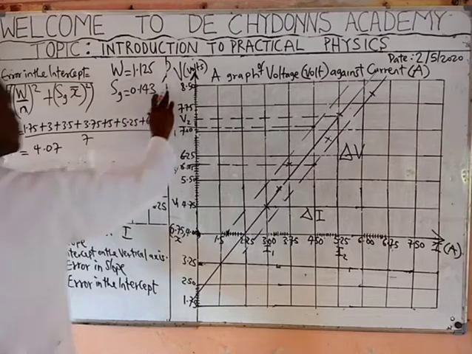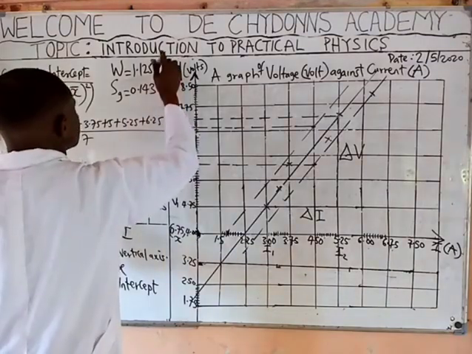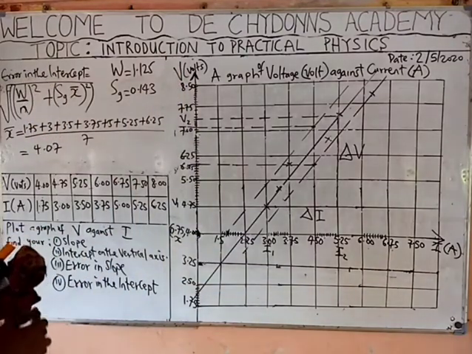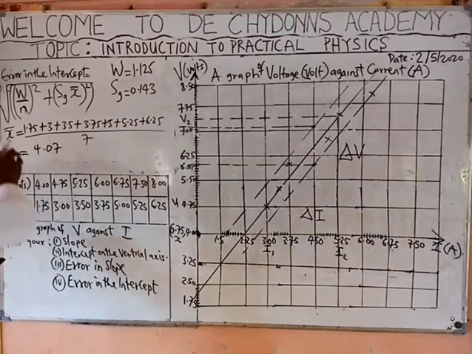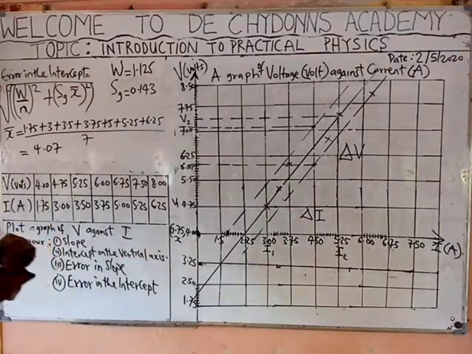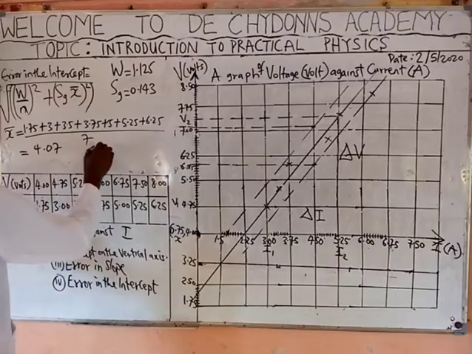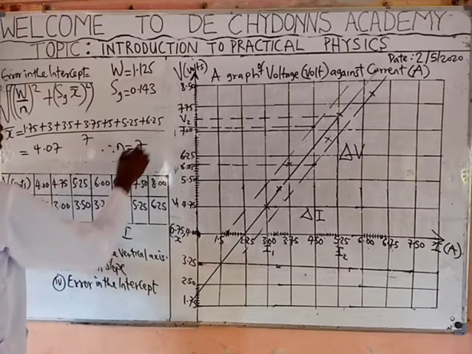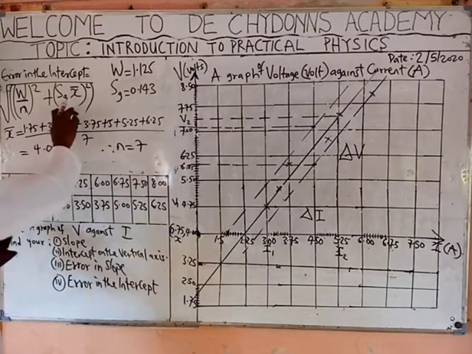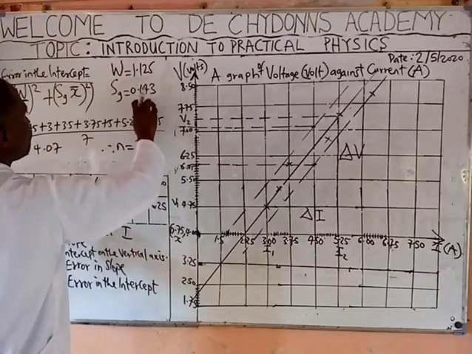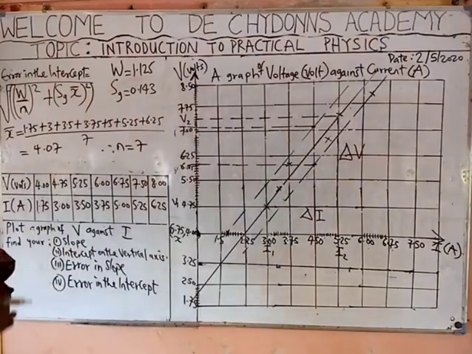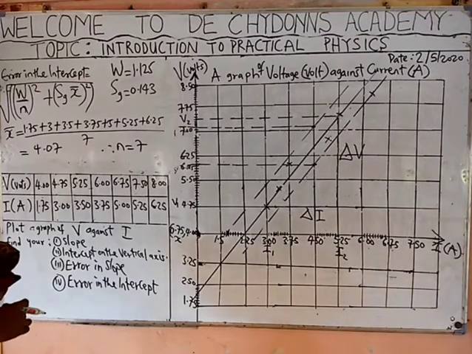Okay? Now we have gotten our mean of x, we have gotten our n, and n equals 7. We have gotten our error in slope equal to 0.143.